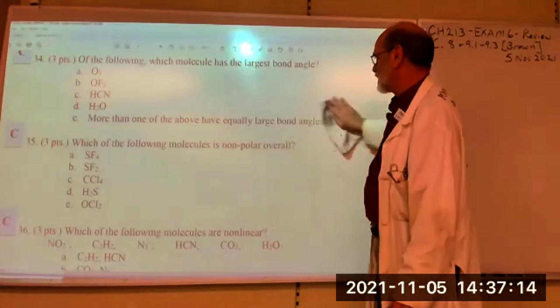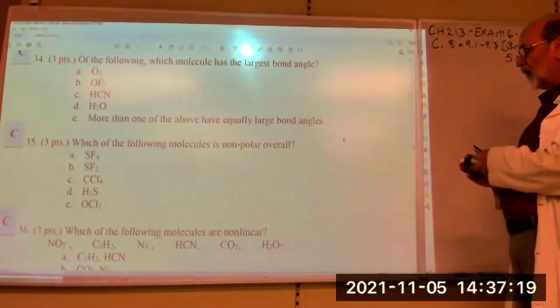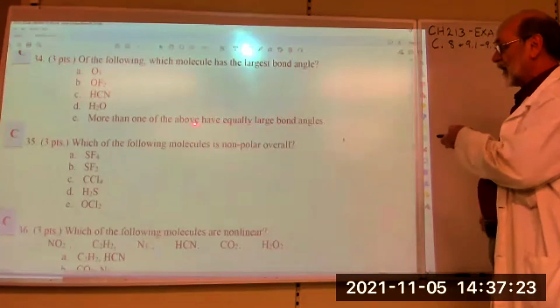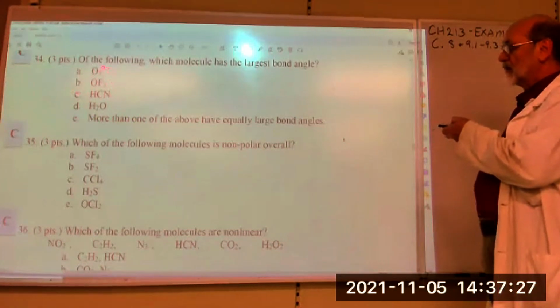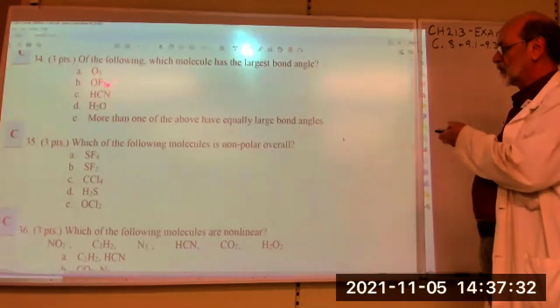So C is the best answer for this one. And we can't say more than one of the above have equally large bond angles because this one is linear and the rest of them have less than linears because they're all bent.